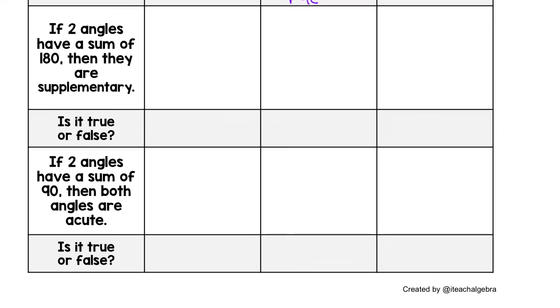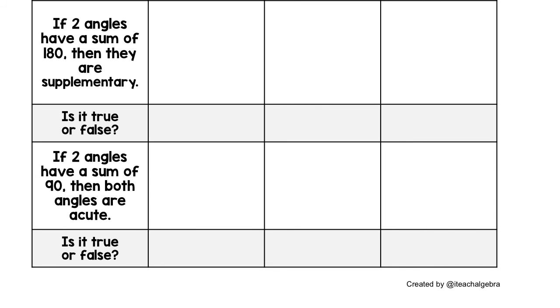Just a few more so we can really get the feel for these. If two angles have a sum of 180, then they are supplementary. So P is two angles have a sum of 180, and Q is they are supplementary.